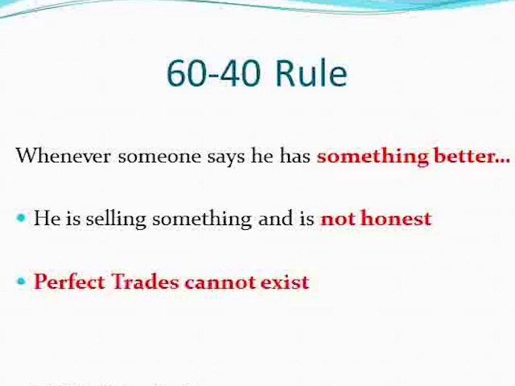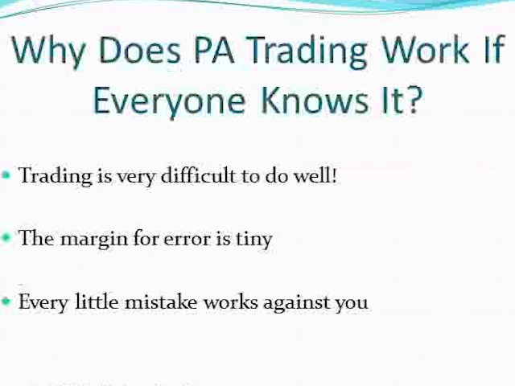Perfect trades cannot exist because there has to be institutions taking the other side. And if something was perfectly right, that means the other institutions would have to be perfectly wrong. And since these institutions are pretty much balanced on both sides, it would be impossible for that to happen.